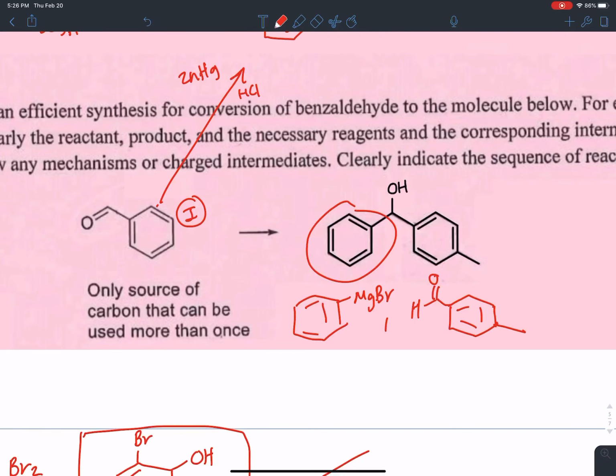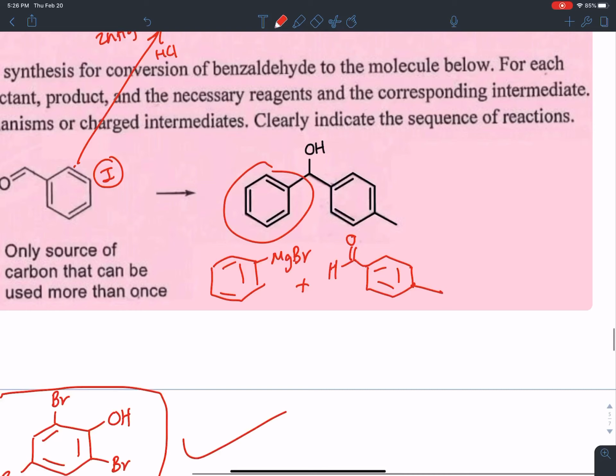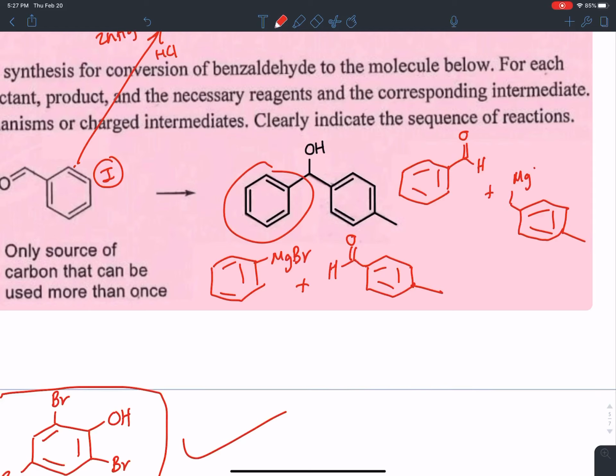So that's one combo I could make. The other combo I could have made was this, and I think I used the second combo. That one was if I have an aldehyde and the other side look like this MgBr. No, I have an extra carbon there, like this, MgBr. If this attacked right here, this would go up to make the alcohol.